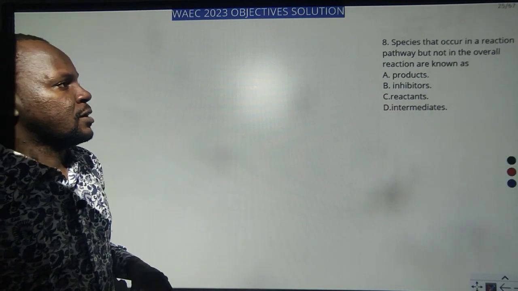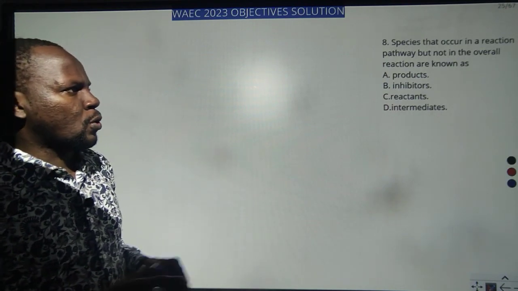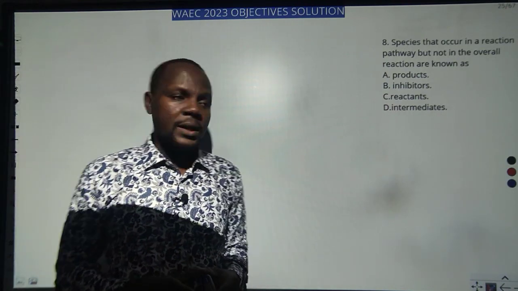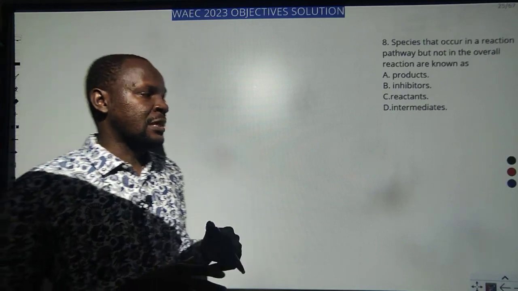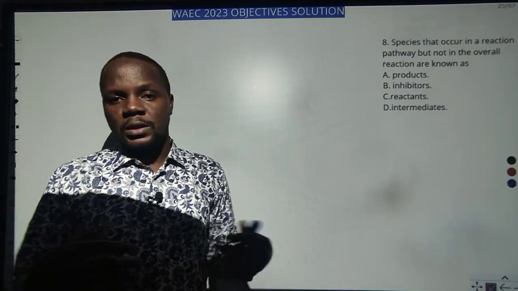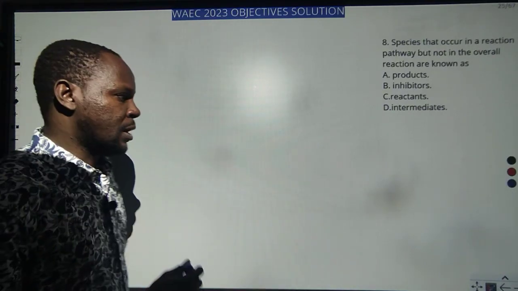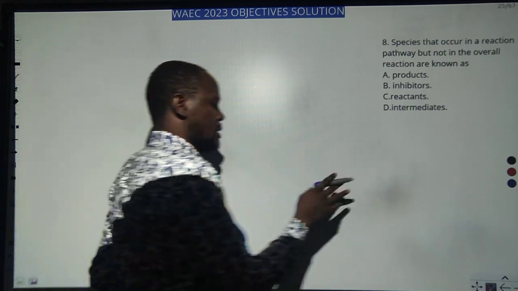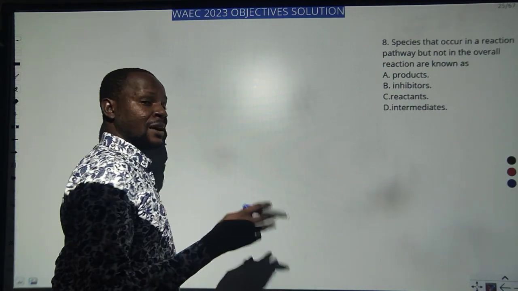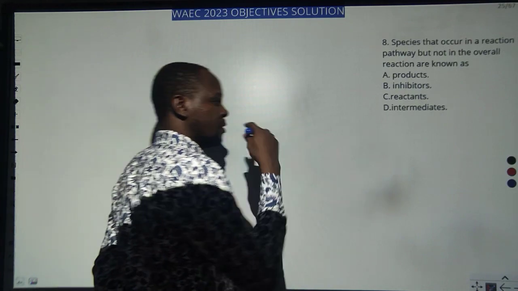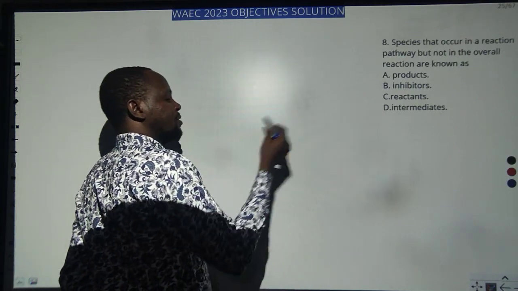It says species that occur in a reaction pathway, but not in the overall reaction, are called intermediates. Now, in organic chemistry, when we talk about reaction mechanism, we talk a lot about what we call an intermediate.